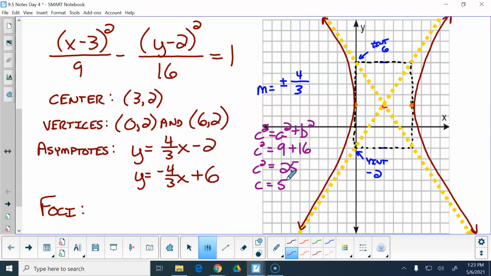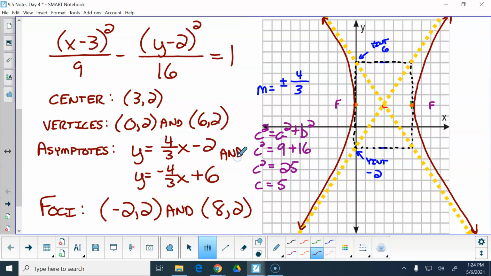So if I go left and right 5 from the center, I would get my foci. Three minus 5 is -2, so (-2, 2). 3 plus 5 is 8, so (8, 2). And there's everything that we need.